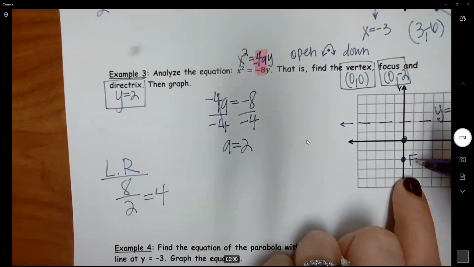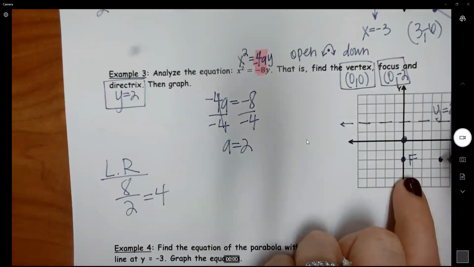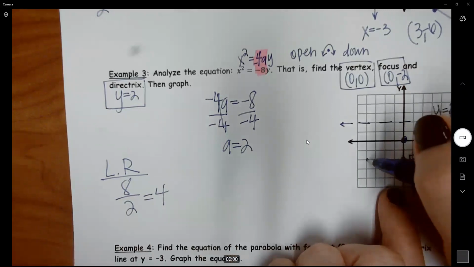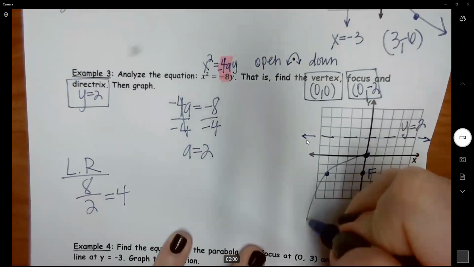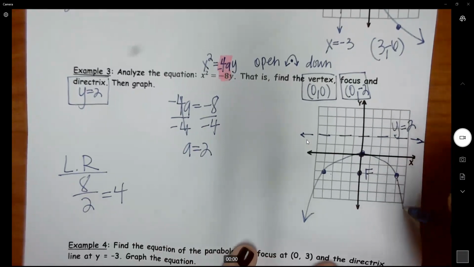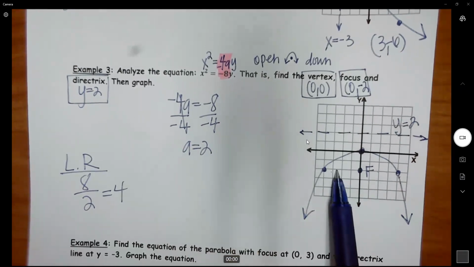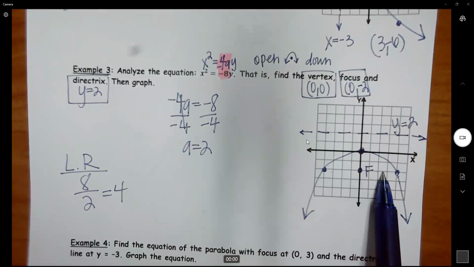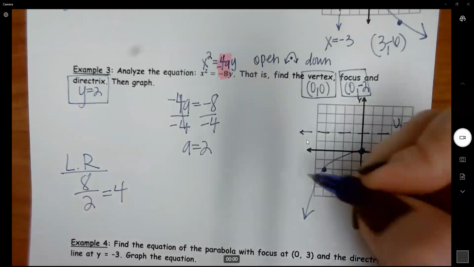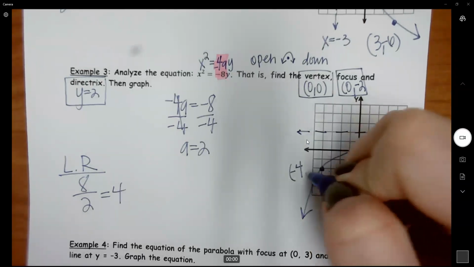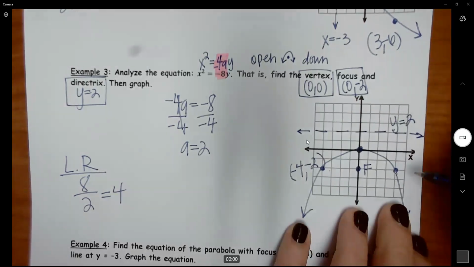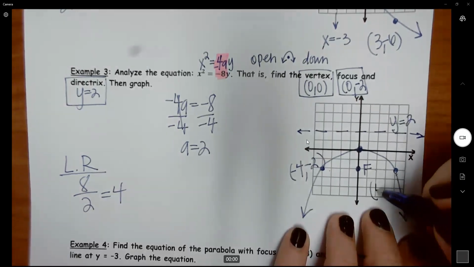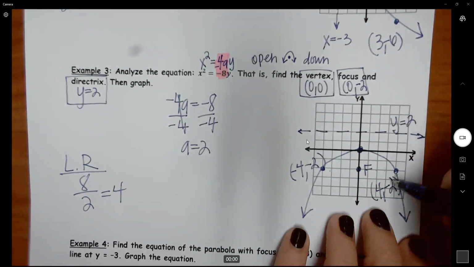From here, we'll go 1, 2, 3, 4, and 1, 2, 3, 4. So here is my parabola. And now that latus rectum is 1, 2, 3, 4, 5, 6, 7, 8 units wide right here. This is (-4, -2), and this point here is (4, -2).